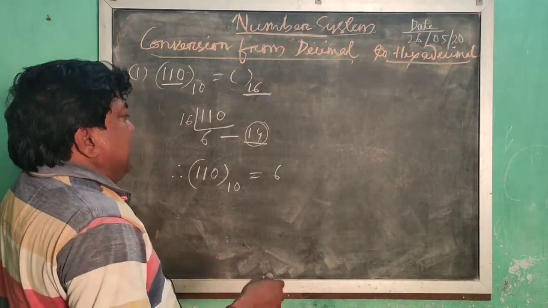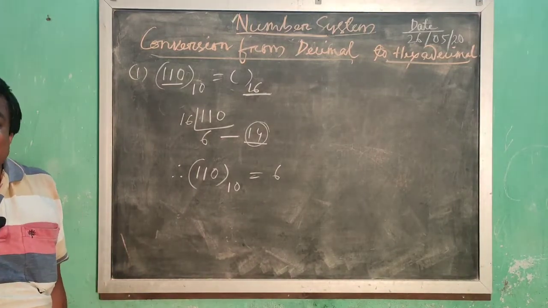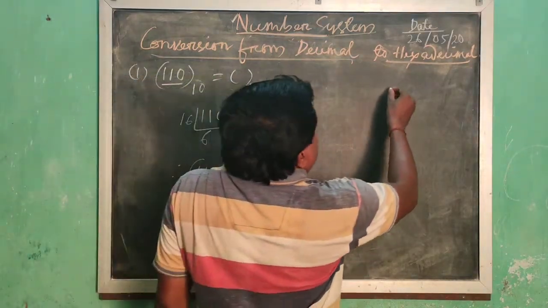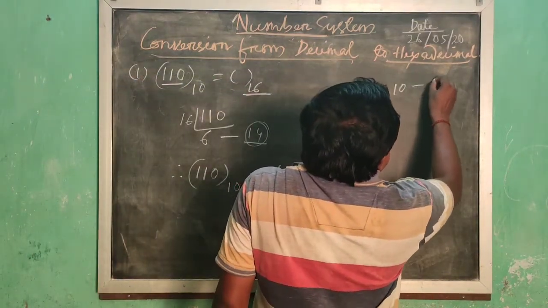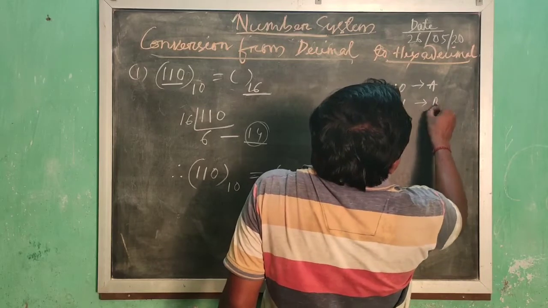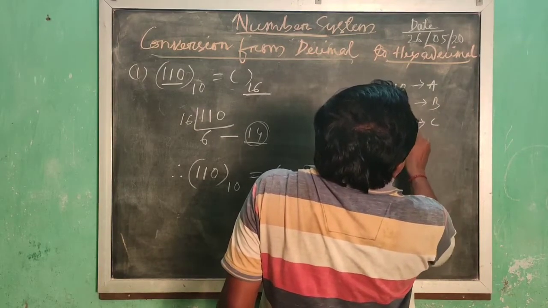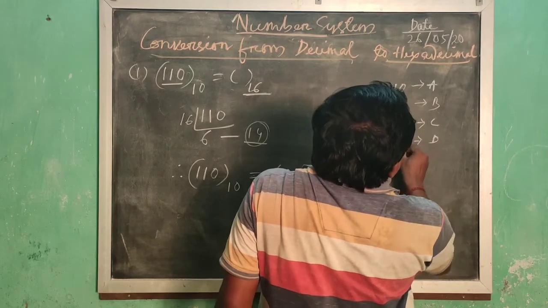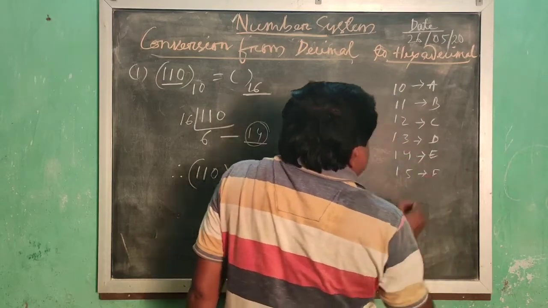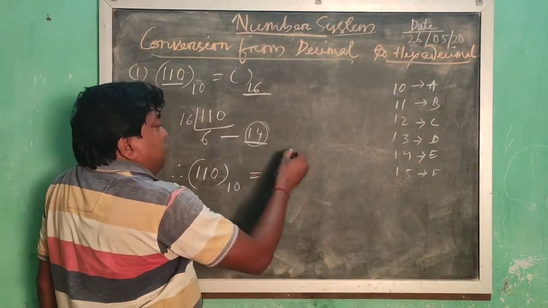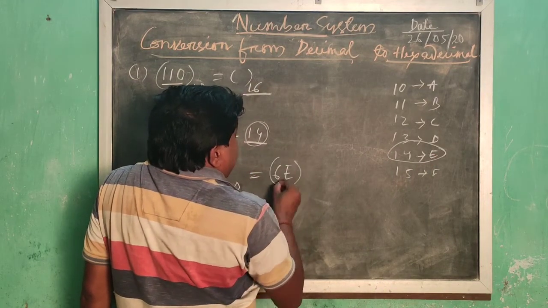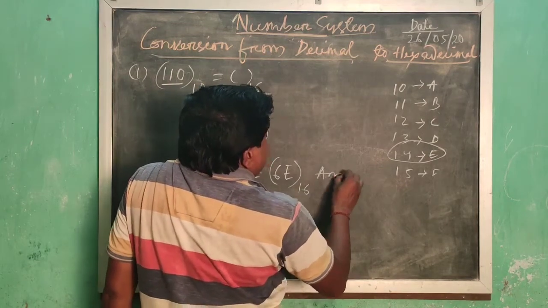I have told you that hexadecimal has 16 digits, from 0 to 15, but from 10 to 15 we write letters: 10 is A, 11 is B, 12 is C, 13 is D, 14 is E, 15 is F. So 14 is represented by E, and your answer will be 6E, base 16.